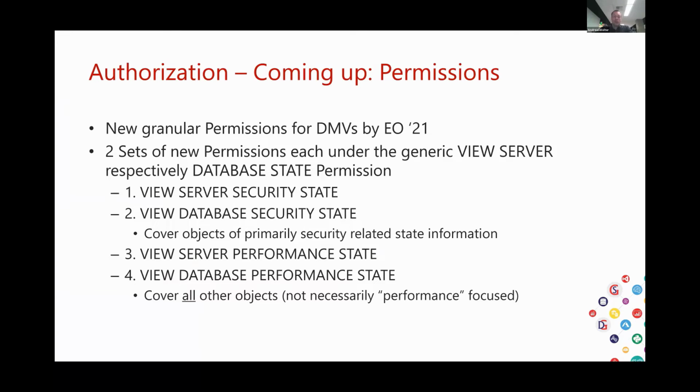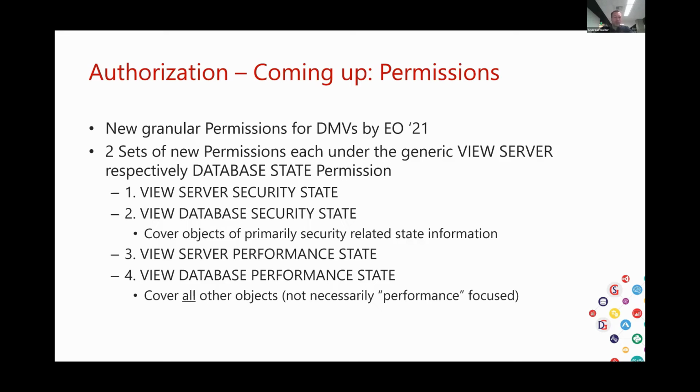There will be a new permission, VIEW SERVER SECURITY STATE, and VIEW DATABASE SECURITY STATE, that covers specific DMVs only. Today you have VIEW SERVER STATE or VIEW DATABASE STATE that just gives you access to all DMVs.